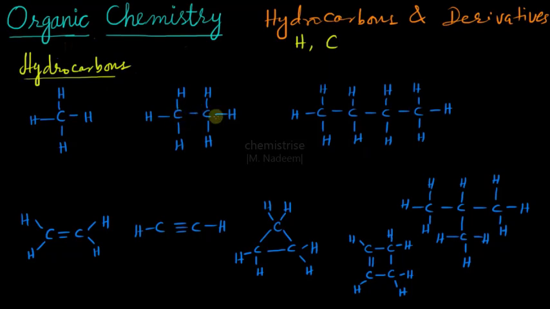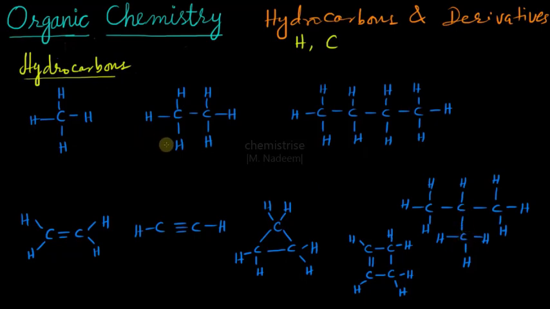You can see two carbons attached together to make a bigger molecule. Even we have got a four carbon chain over here. Carbon also has the ability to make straight chains like this, or it can make a branched chain like this. You can see the three carbons over here, and there is a branch present with one carbon attached like this.